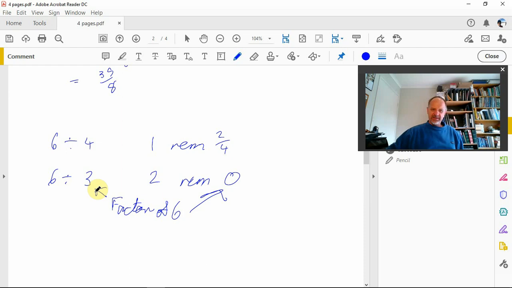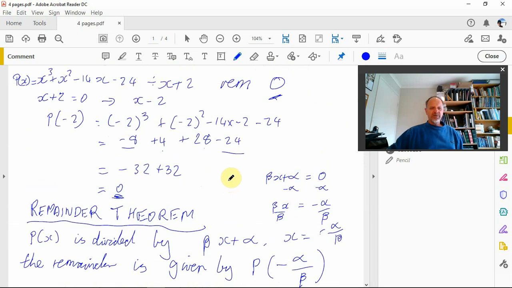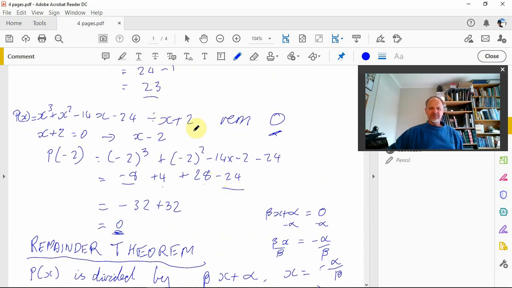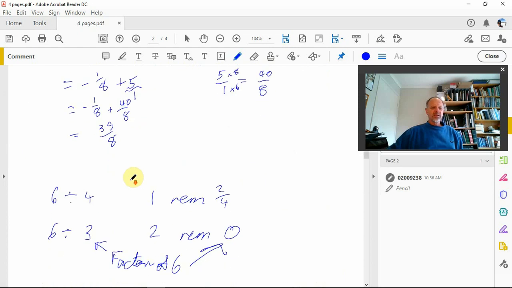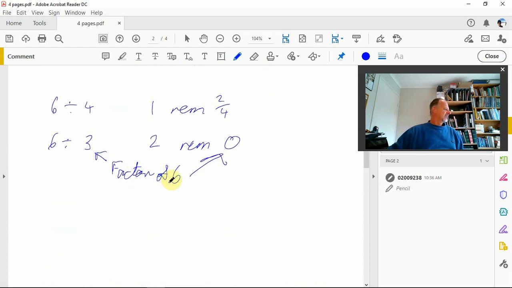If here we say that 3 is a factor of 6 because when we divide it in it goes evenly and there's a remainder of 0, we can use the same up here. When we divide x cubed plus x squared minus 14x minus 24 by x plus 2, we get a remainder of 0. So what we could then say is that x plus 2 is a factor of that particular polynomial. And that's what we call the factor theorem.